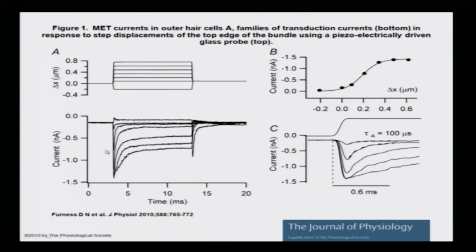Okay. Here also you can see the different currents at different time points. This is how all these nanoampere currents are being measured, and these are very small currents, but good enough to code a piece of information being processed by the hair cells.